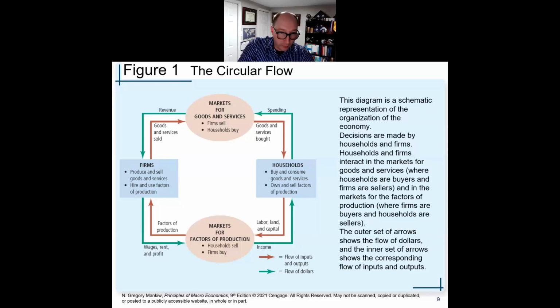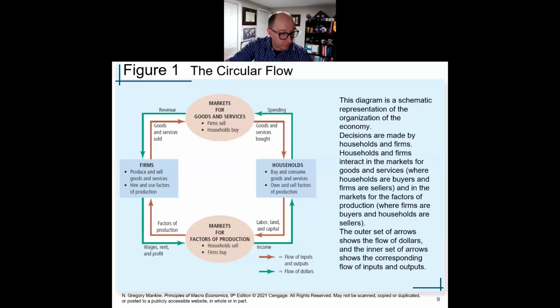The output for the firms are the wages and expenses. So think about that. The households work for the firms. The firms pay the households wages. So therefore, we see the output of the firms as wages, and that becomes an input for the households in the form of income.